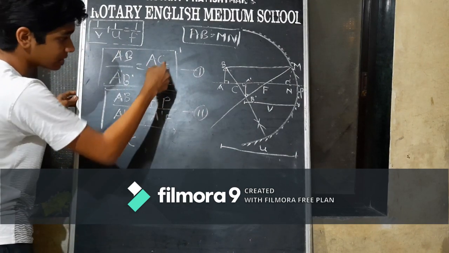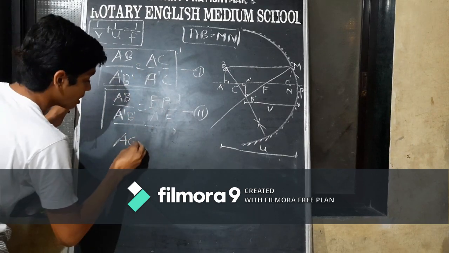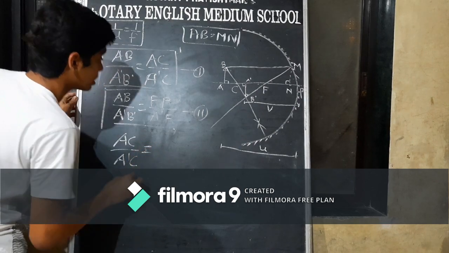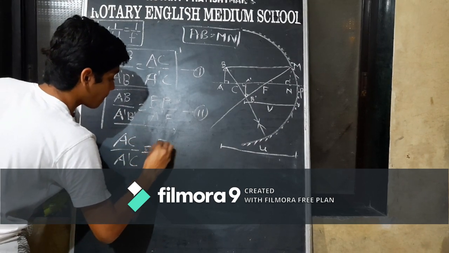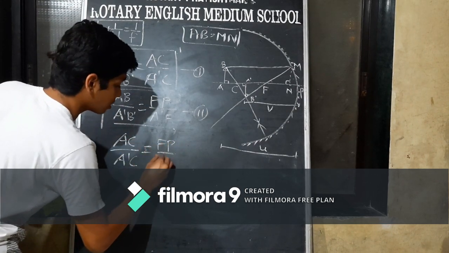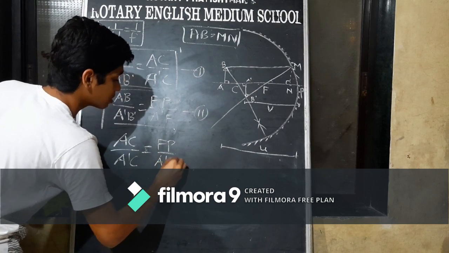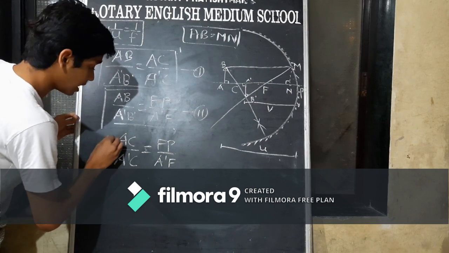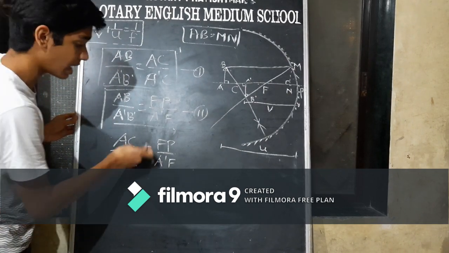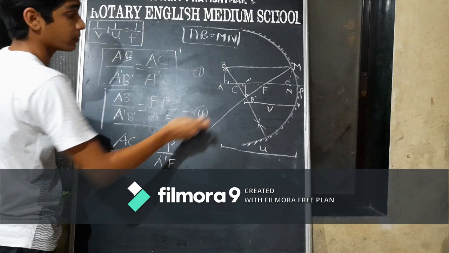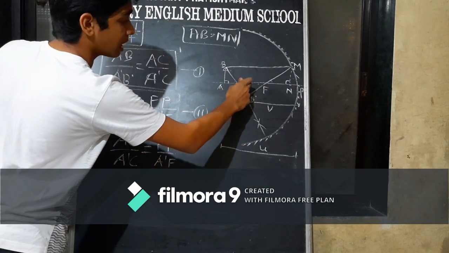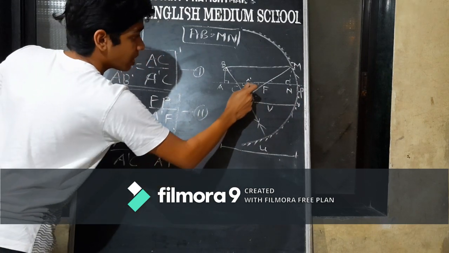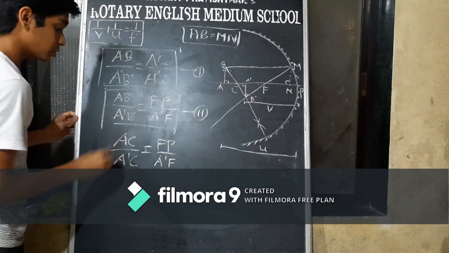We are going to equate the RHS of both sides, AC upon A dash C and FP upon A dash F. Hope you understand. So we have reached till this thing, AC upon A dash C and FP upon A dash F.